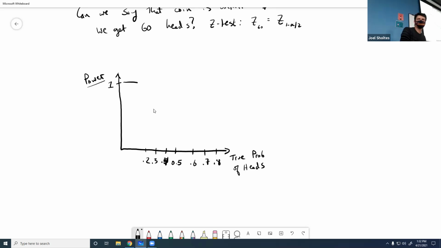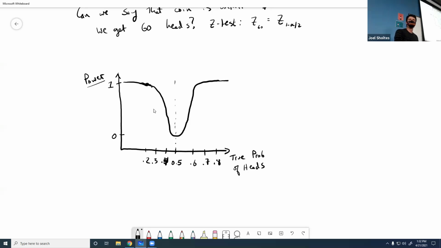All right, and so I'm just going to draw this. So power is going to decrease as the true probability of heads for the coin that we're testing gets closer to the null hypothesis. So the null hypothesis is that it's a fair coin. And so it's a minimum at this point, and of course this would be 0 right here.